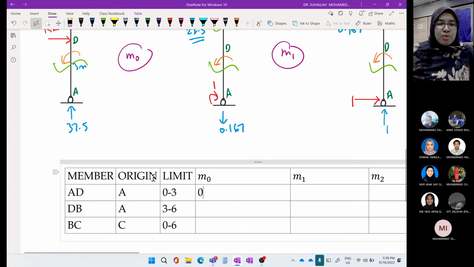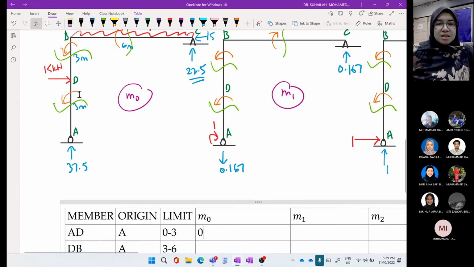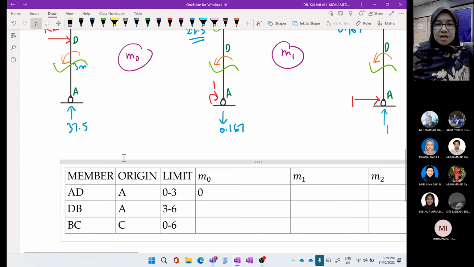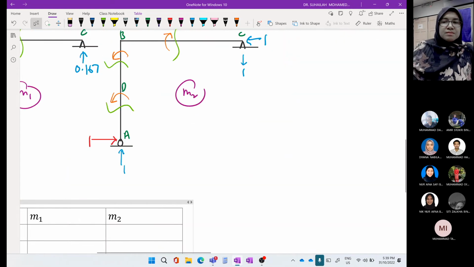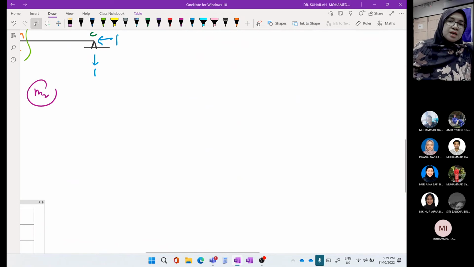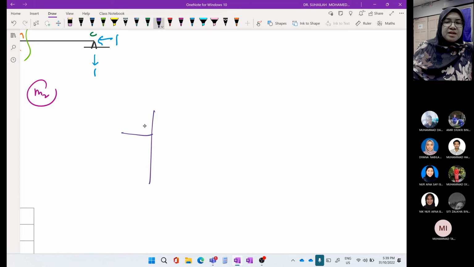Okay. Move to second section, DB. DB, origin A. What is the equation? 15 here, right? 15.